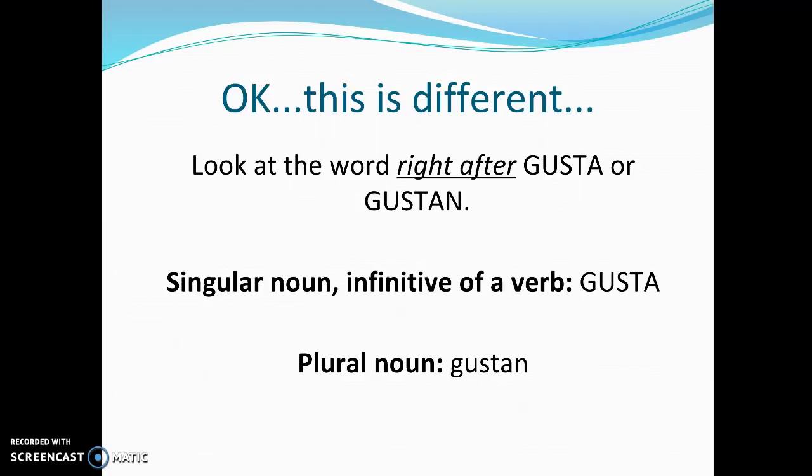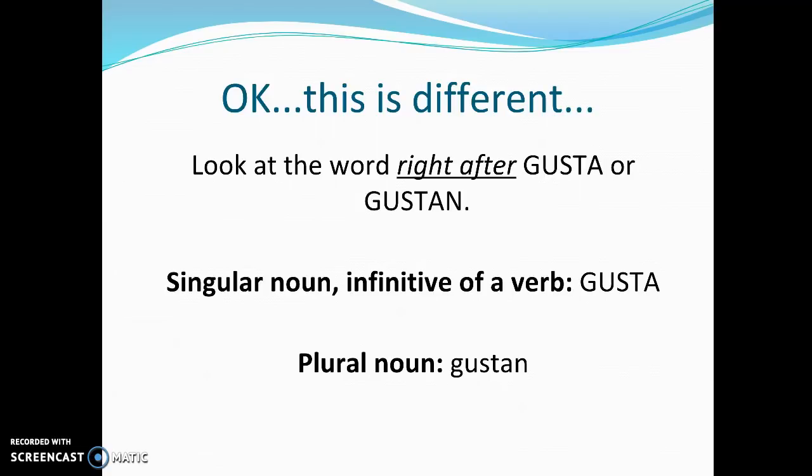So if the word right after gustar is a singular noun, like el libro, el marcador, la profesora, el estudiante, or the infinitive of a verb such as bailar, cantar, comer, vivir, you are going to use gusta.